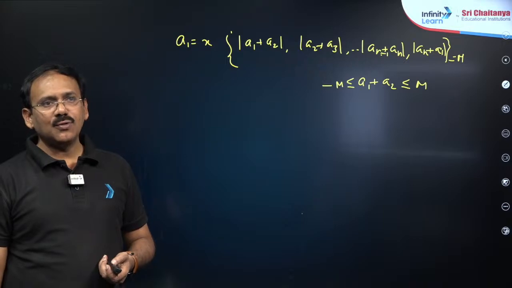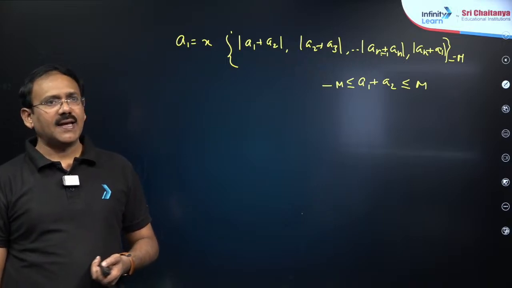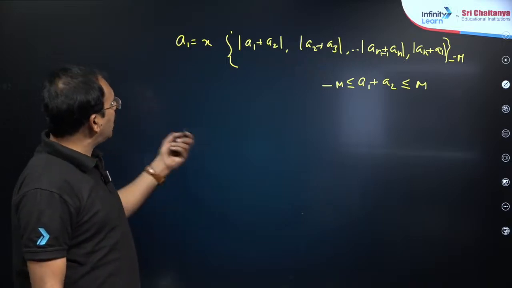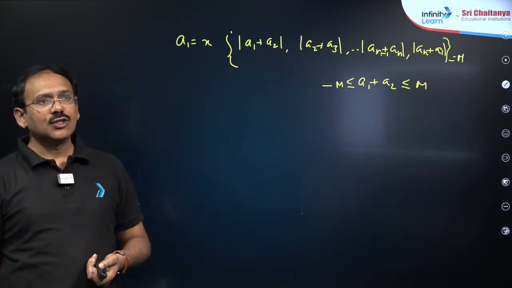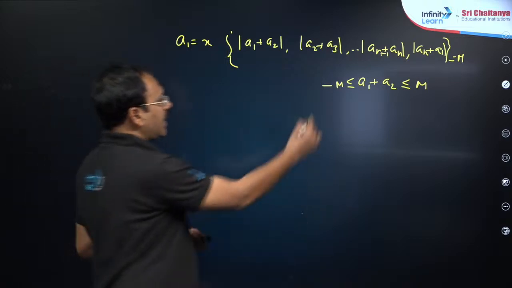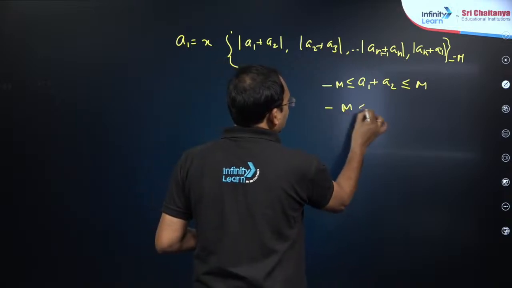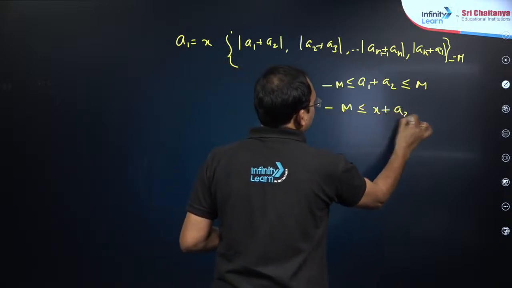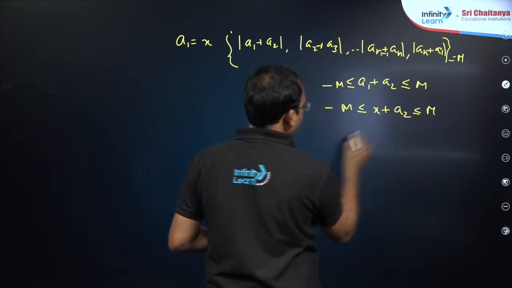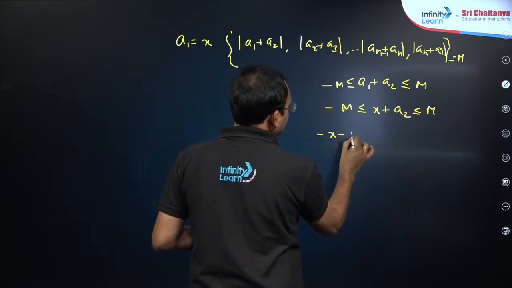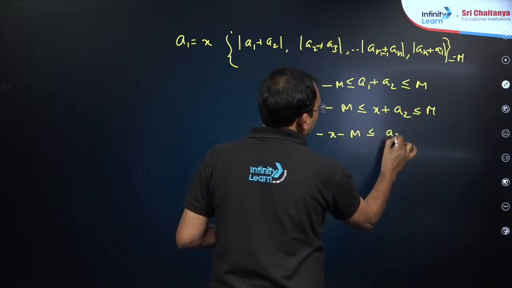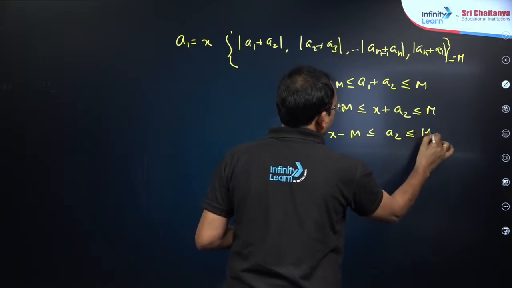So minus a2 can be added like x minus M, or you can also write a2 kind of you have to derive. So let me write, this is a1, which is nothing but x minus M less than or equal to x plus a2 less than or equal to M. So that means minus x minus M less than or equal to a2 less than or equal to M minus x, right?